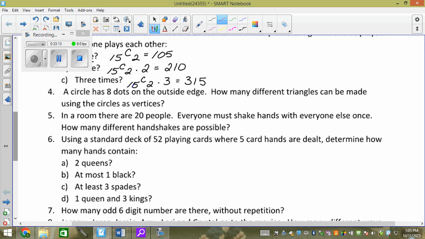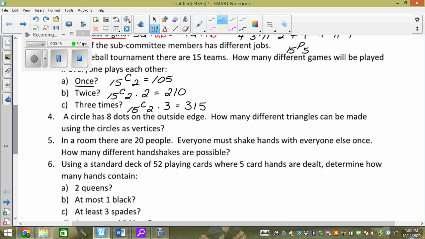The next one has a circle with 8 dots on the outside edge. How many different triangles can be made using the dots as vertices? There are 8 dots on the outside, right? How many dots make a triangle? 3. Does the order in which I pick those dots make a different triangle?